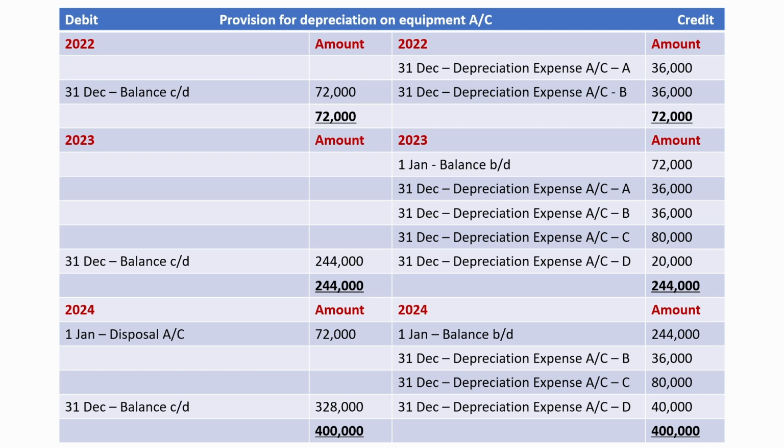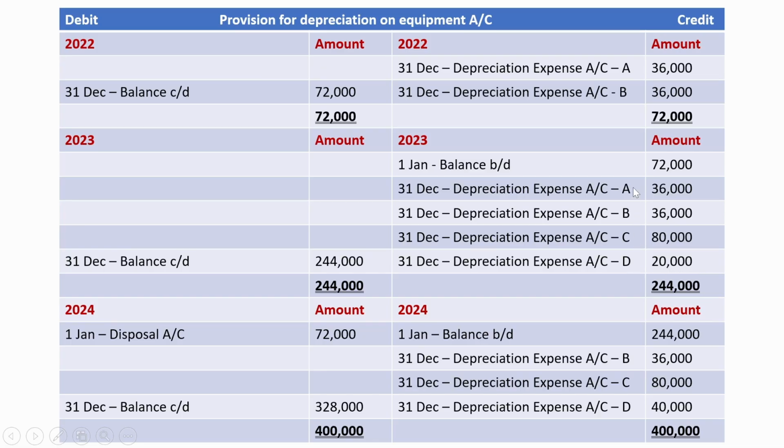So take the rate, which is 20%, multiply by the cost, which is 200,000. That will give you 40,000. And then you divide by 2 because it is for half a year. So you will get 20,000, which is what we have here.